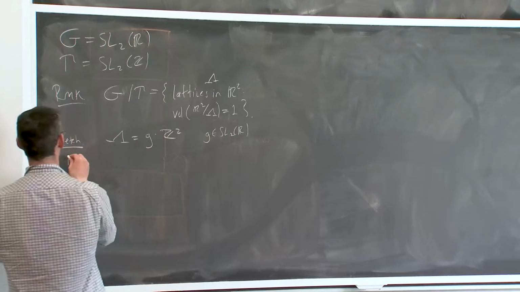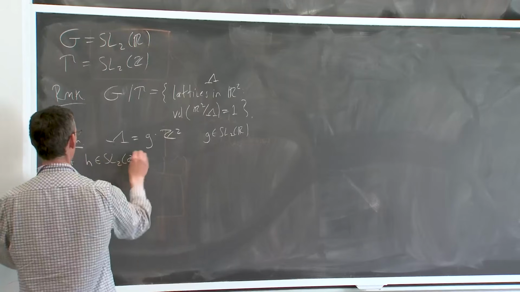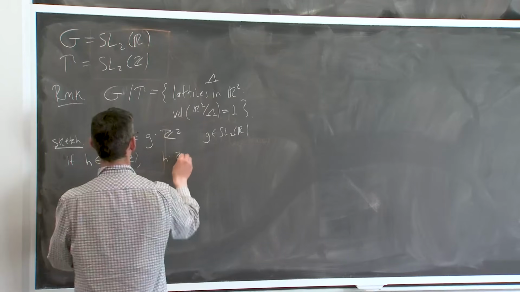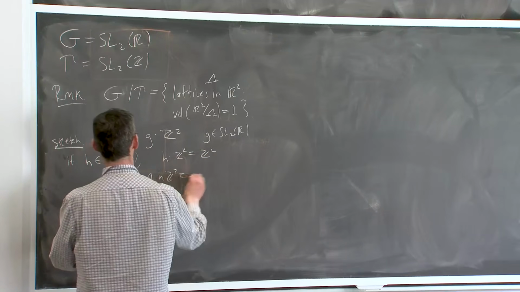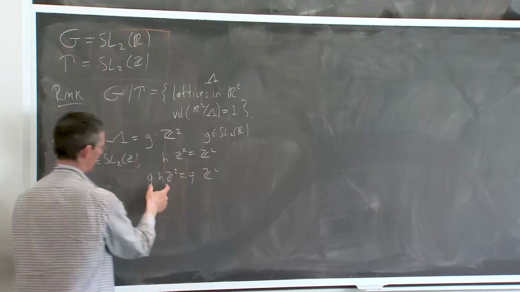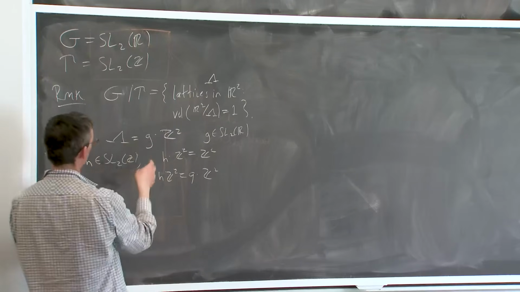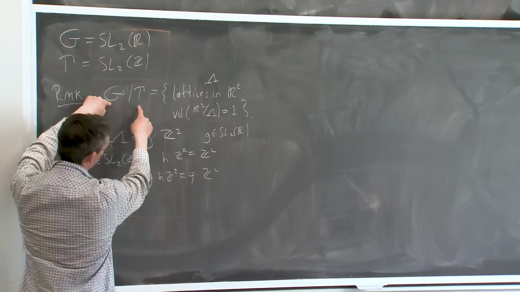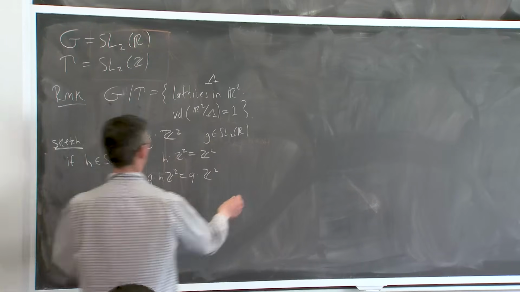So if h is in SL2Z, then hZ2 is Z2, and therefore g times hZ2 is g times Z2. And these give you the same lattice. So the space of lattices is G modulo SL2Z.